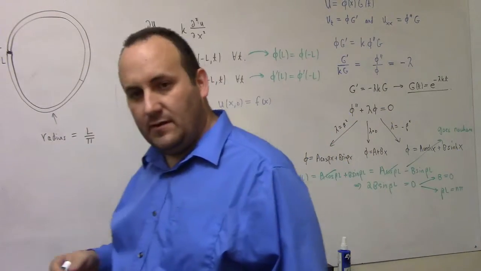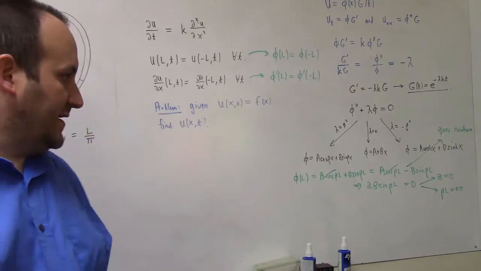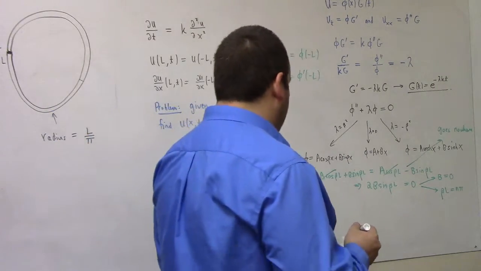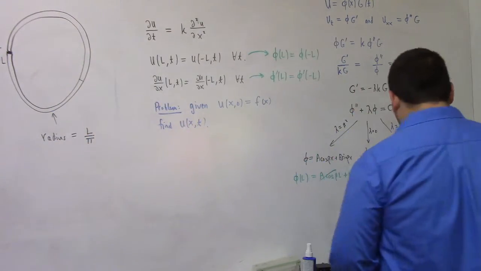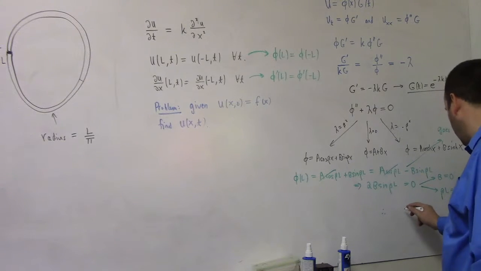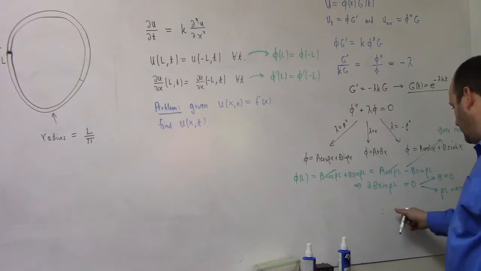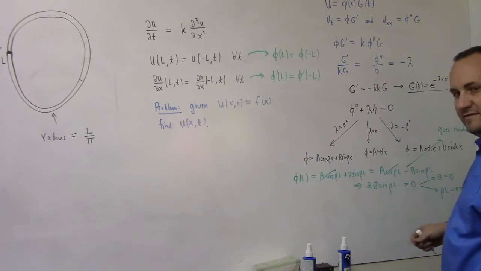So we're forced that beta is equal to n pi over L, right?